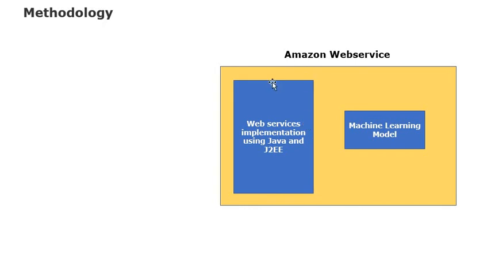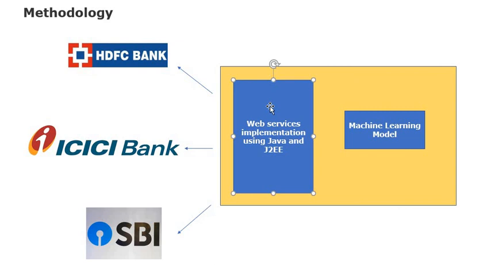So what this web service will do is expose this solution to existing customers. Like if HDFC Bank wants to analyze its customer data for fraud, HDFC Bank will send that data to our web service. The web service will give that data as an input to this model.